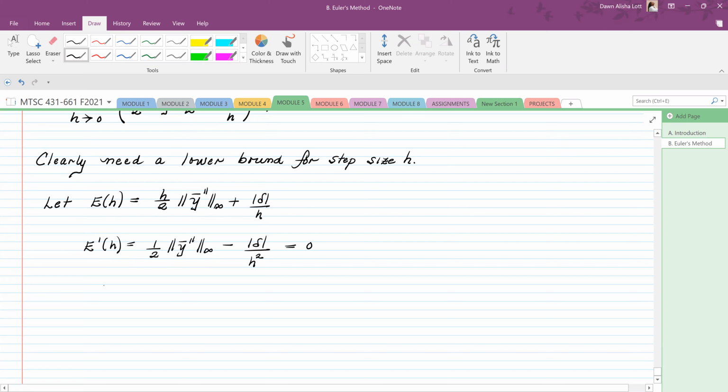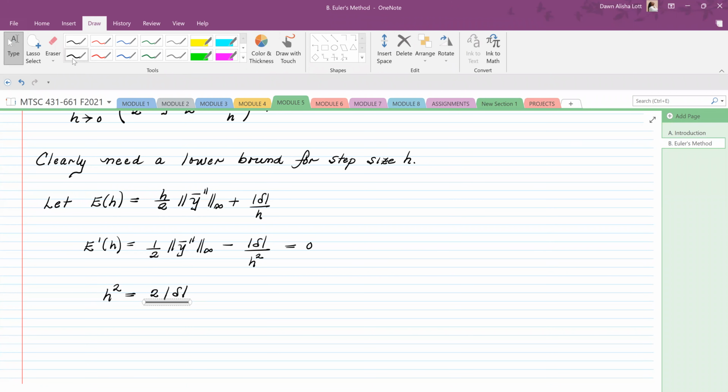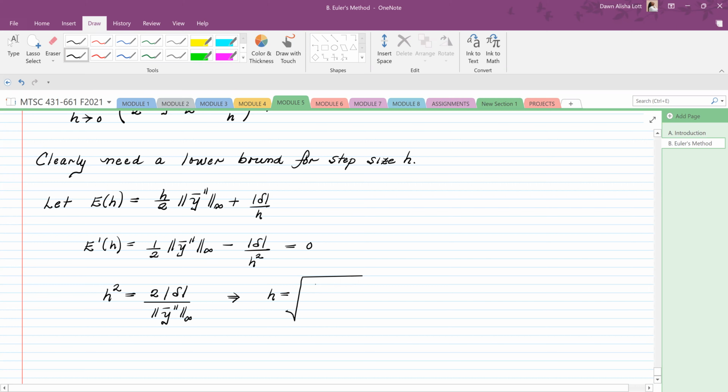And we find out that h squared has to equal 2 delta over the infinity norm of y double prime, or h is equal to the square root of 2 delta over the infinity norm.